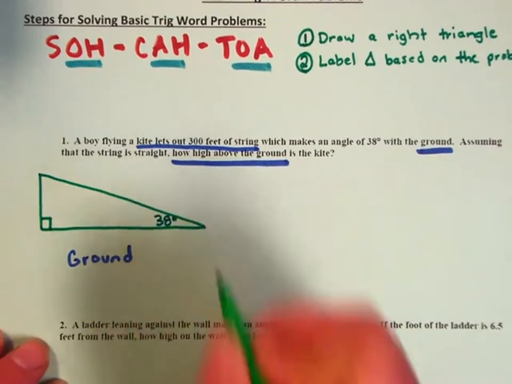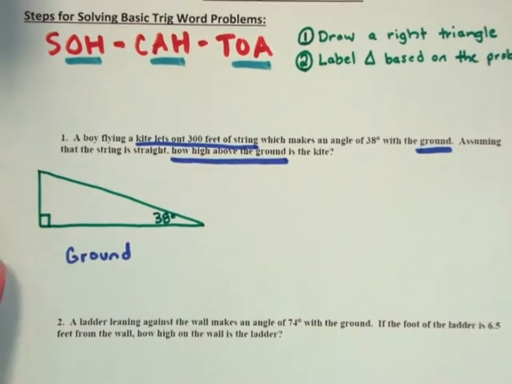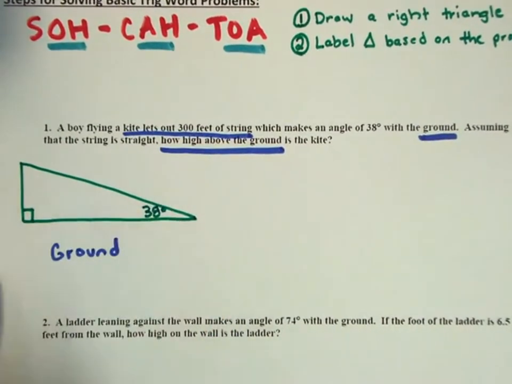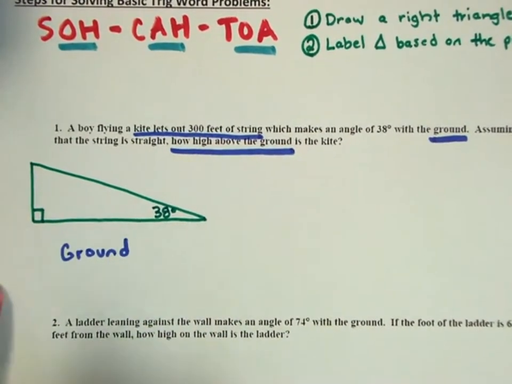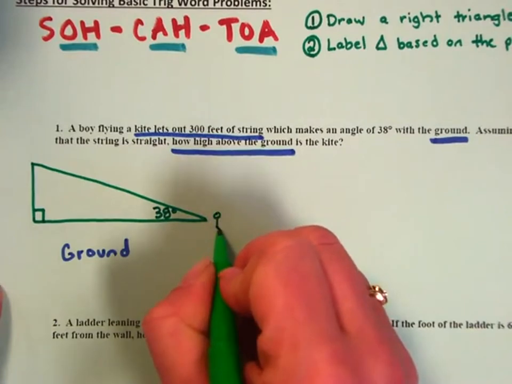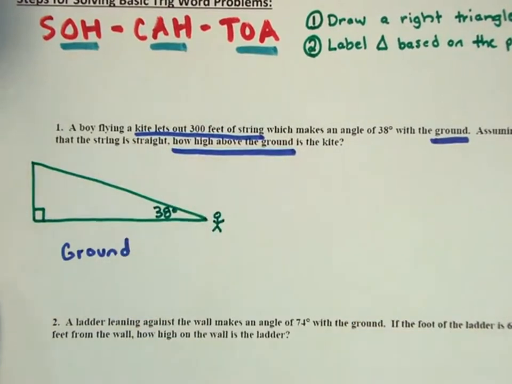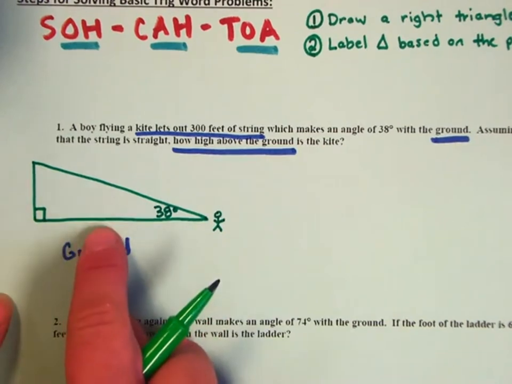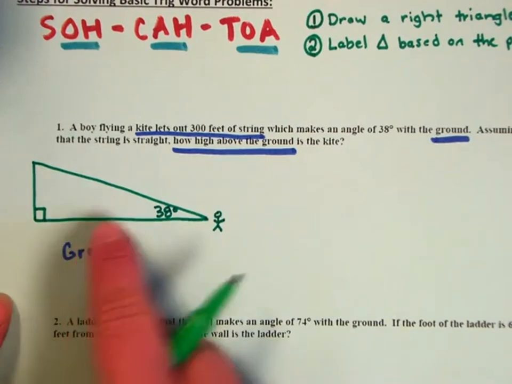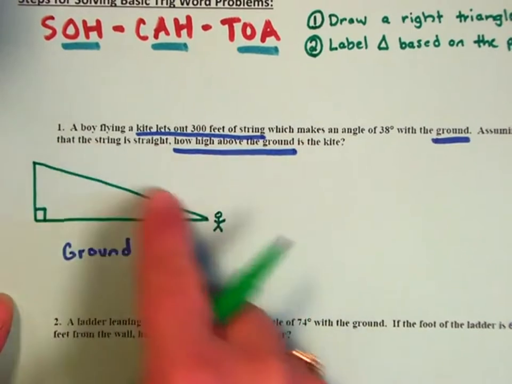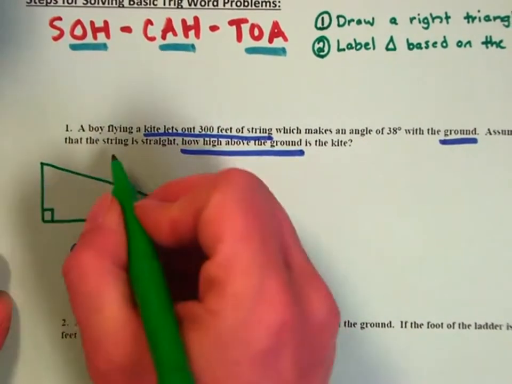So the only other place we could put the 38 degrees for it to be with the ground would be over here. So we know we have our little guy over here with his kite. If this is the ground, then this side has to be the what? The kite string.